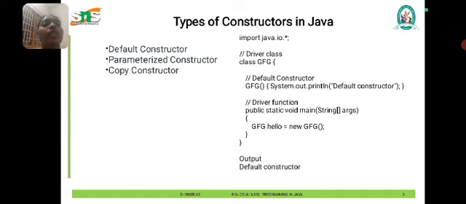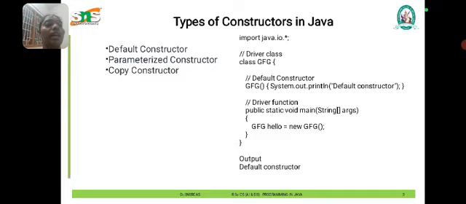There are three types of constructors in Java: default constructor, parameterized constructor, and copy constructor. The default constructor is the class name followed by a function name without arguments. In this example program, including the header files, gfg is the class name.